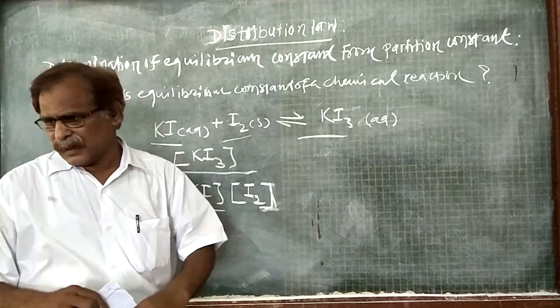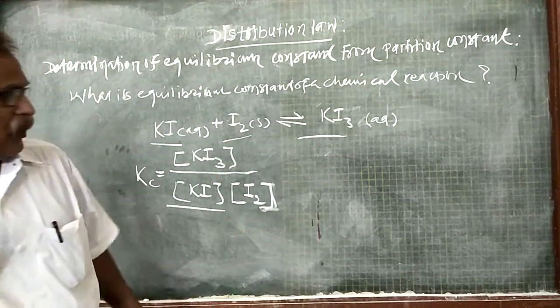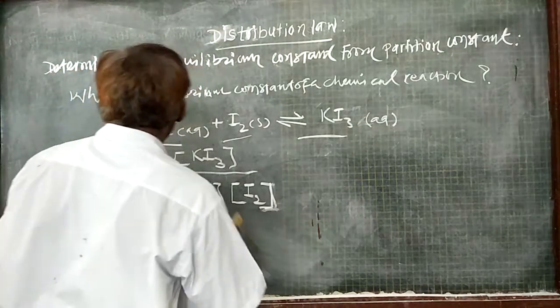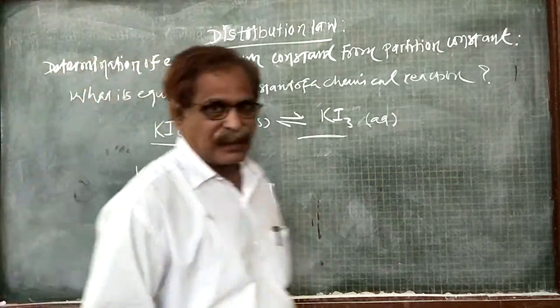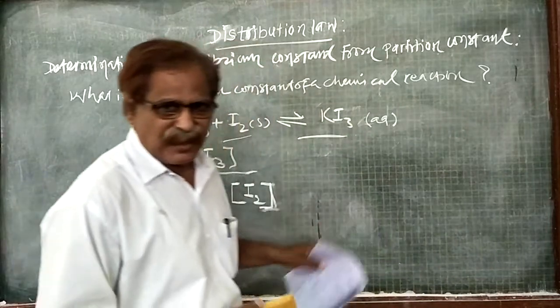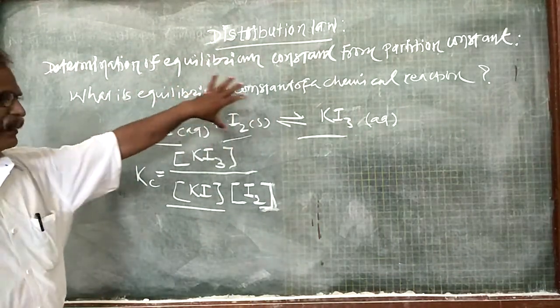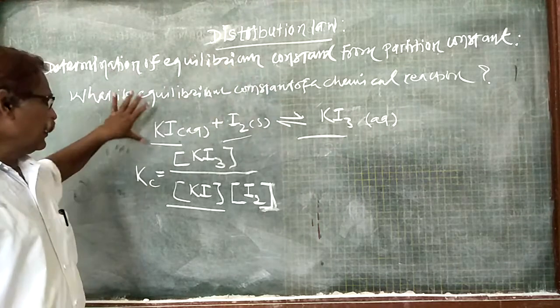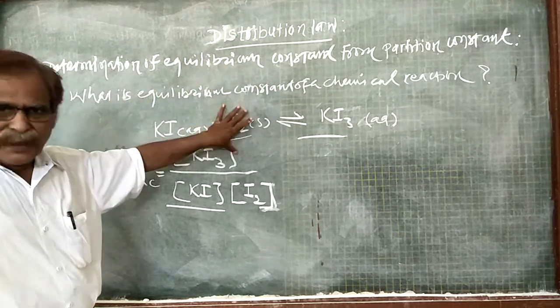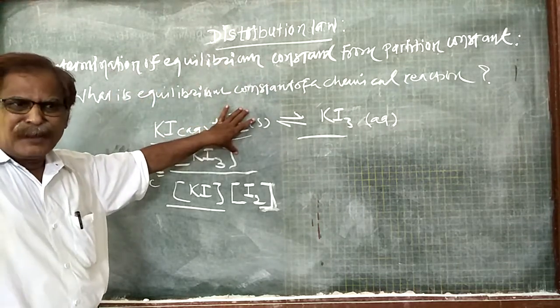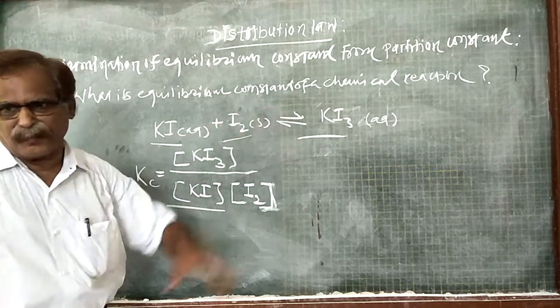With this, I am sure you have understood what is the equilibrium constant of the reaction, like a typical complexation reaction taking place in this case between potassium iodide and iodine in aqueous medium.